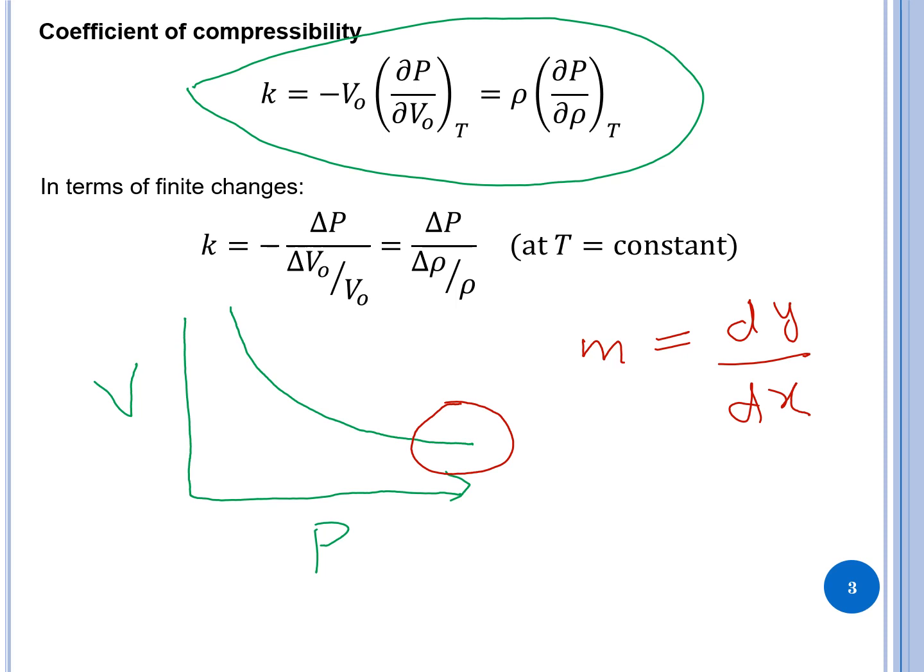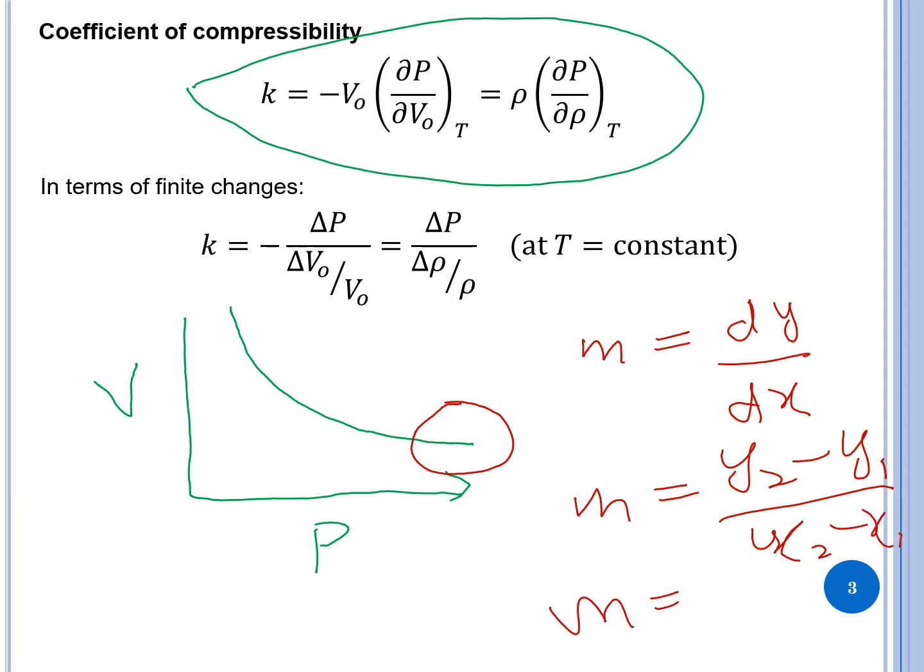You have also learned in high school that for a linear line you can say slope is basically y2 minus y1 over x2 minus x1, or in other words m is del y over del x. You have learned this in high school already.